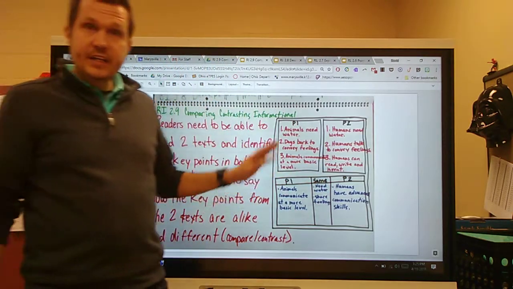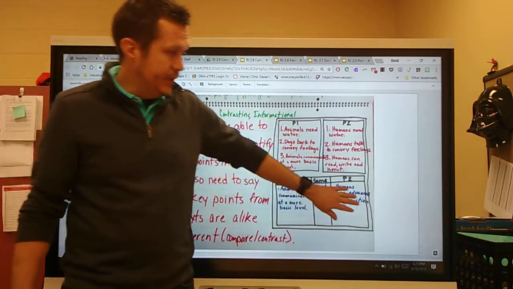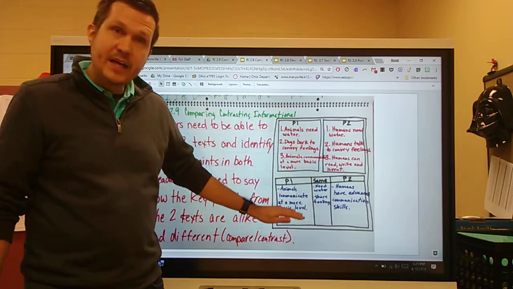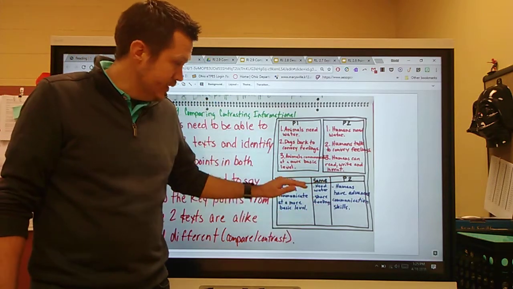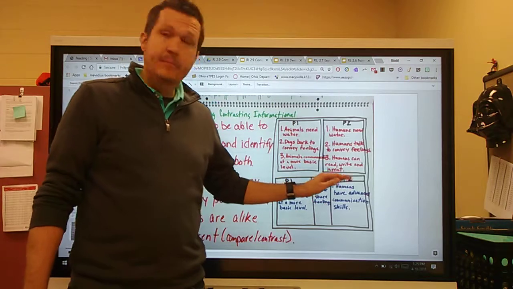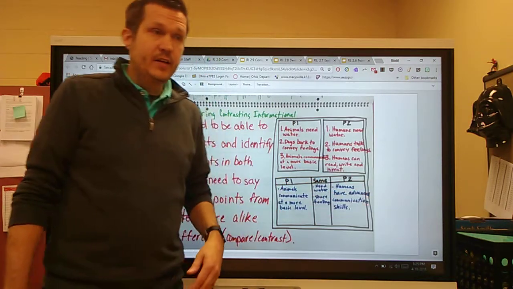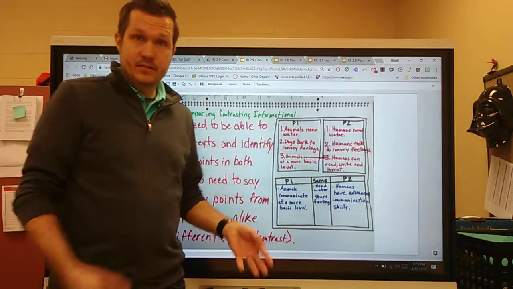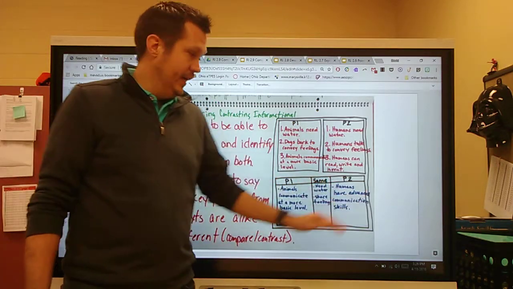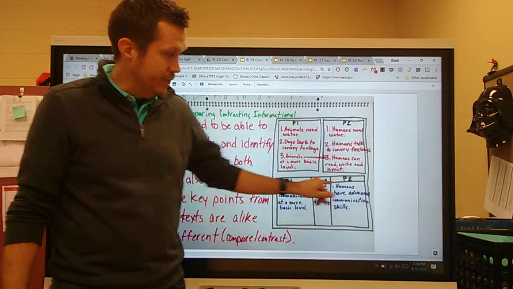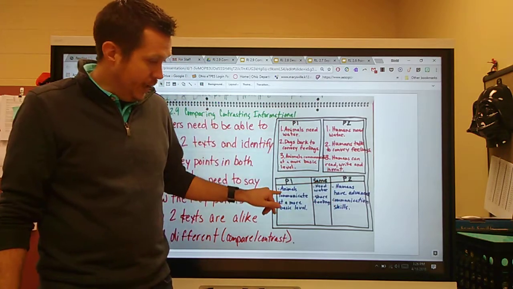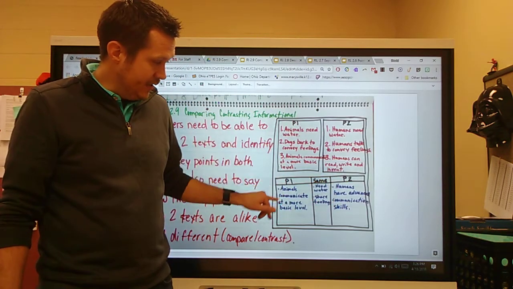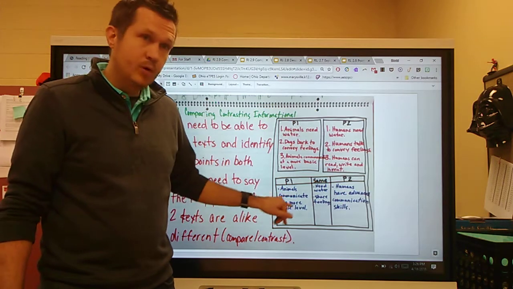So, comparing and contrasting means we take a look at each passage and we say what passage 1 has that passage 2 does not have. And that's called a contrast, so it's not like that one. What does passage 1 have that passage 2 doesn't have? In passage 1 it talks about how animals communicate at a more basic level.